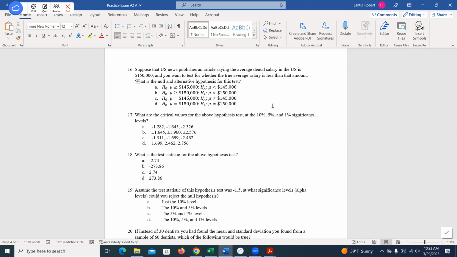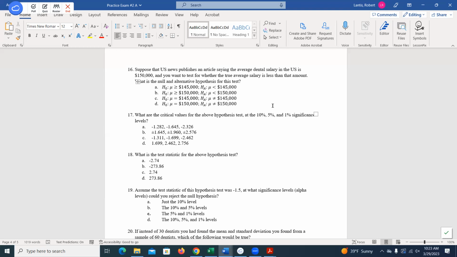The null hypothesis is going to be the exact opposite of that, which is that it's greater than or equal to 150,000. Now, if I'm looking at these right away, you may not remember if you watched the video real careful, but what term is going to let us know we've got a not equal to sign or a two-tailed test?